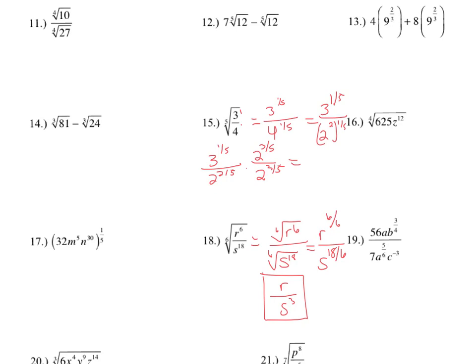In the top, we've got 3 to the 1/5 times 2 to the 3/5, all over 2 to the 5/5, which is just 1. So the numerator, I can't do too much other than see, hey, they both have a 5 in the denominator if they're exponents. They're different bases, so I can't add their exponents. But I can see that they're both being 5th rooted and put it back into radical form.